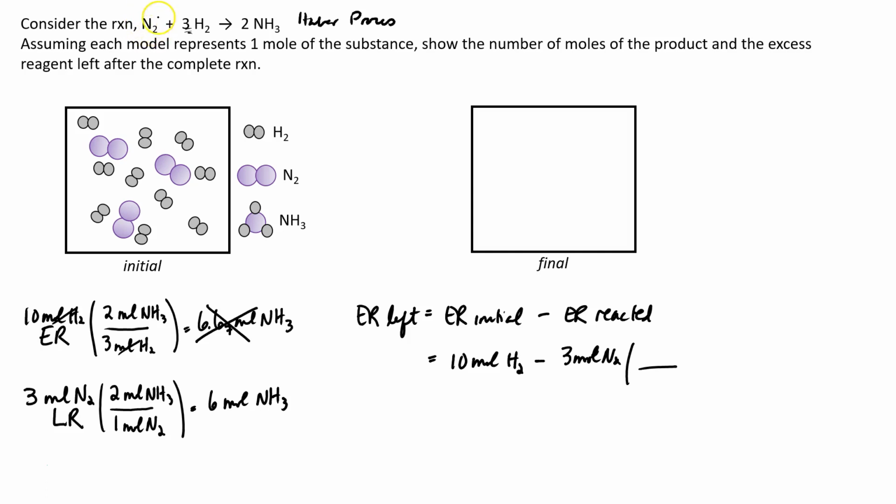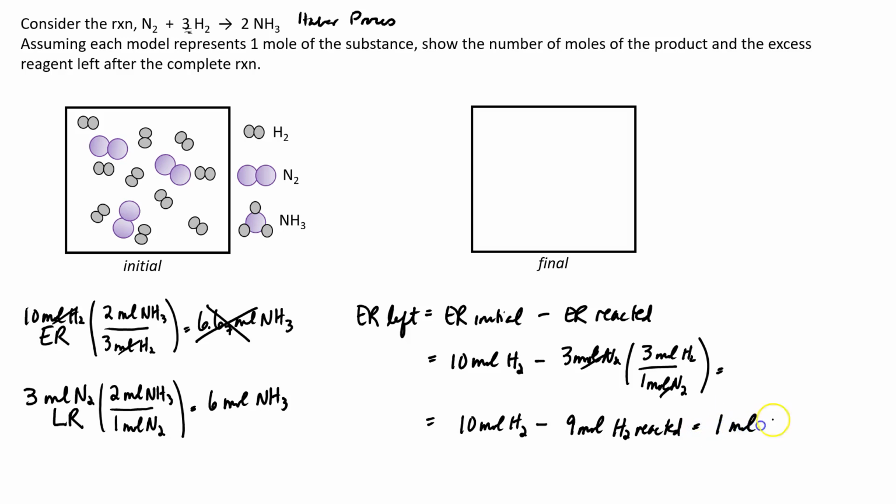And for every 1 mole of nitrogen, we're going to use 3 moles of hydrogen. So that'll be 10 moles of hydrogen initially minus 3 times 3, which is 9 moles of hydrogen that reacted. So we only have 1 mole of hydrogen left.